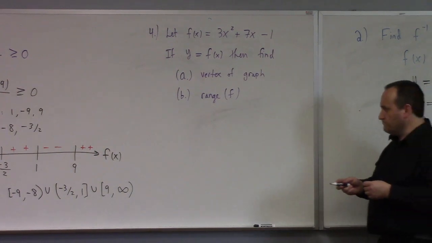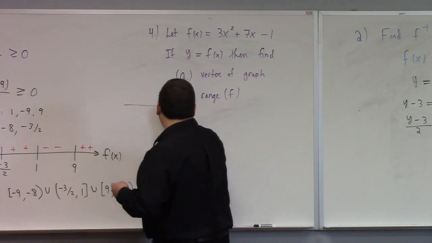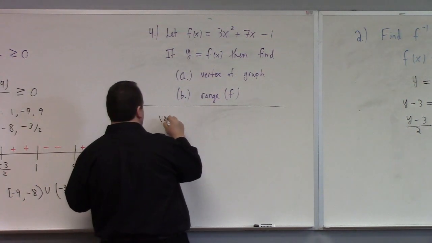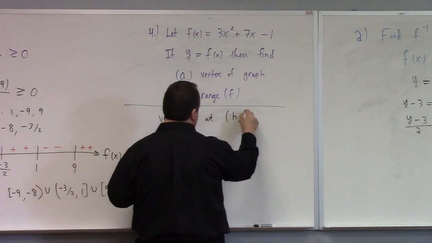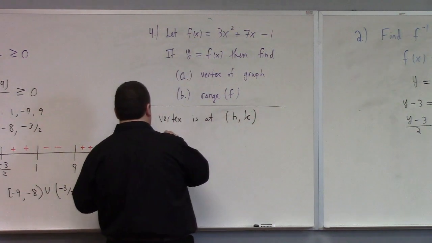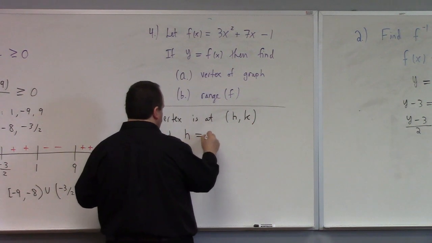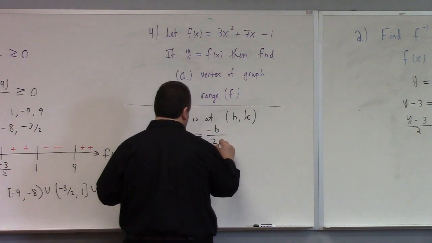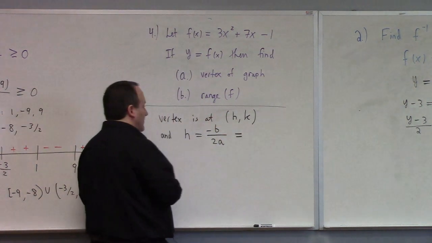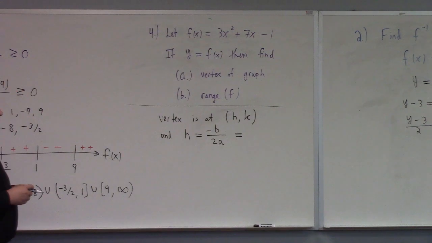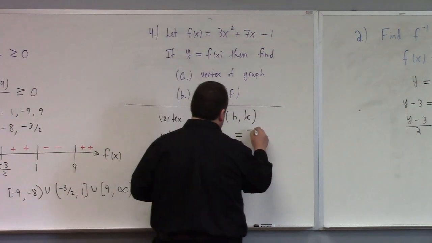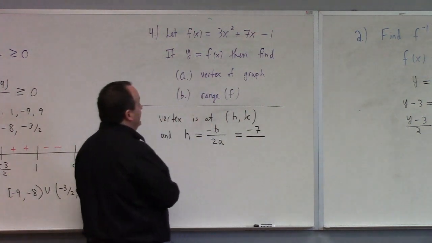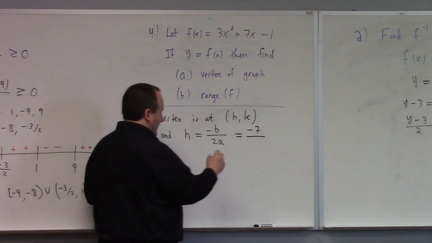For example, I can tell you this. The vertex is at h comma k, and h is equal to minus b over 2a. Now, b is, in this problem, minus 7, and so I get minus 7, and a is 3, so minus 7/6.